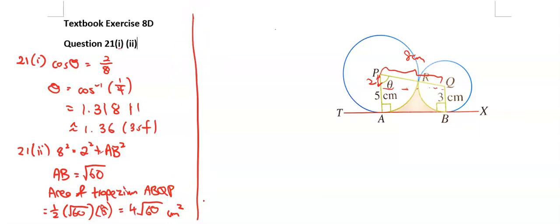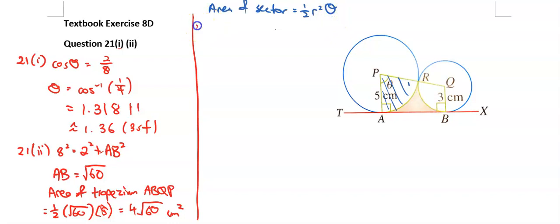Next step, we can find the area of sector PAR. Since we have found angle theta, we make use of area of sector equals half r squared theta, where theta is the angle in radians.